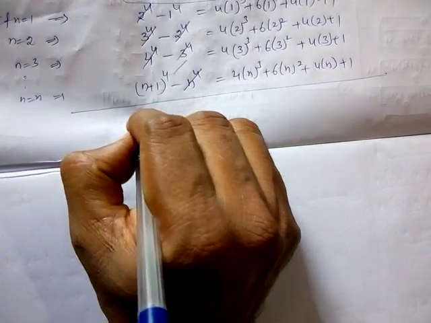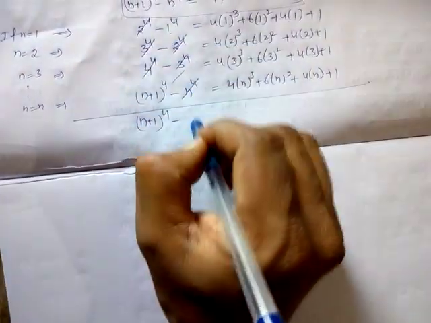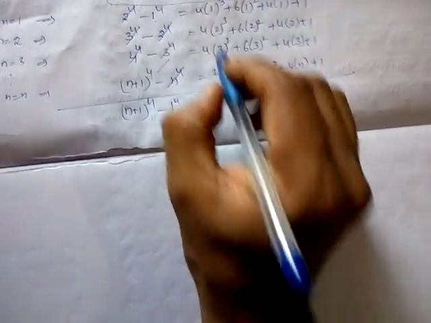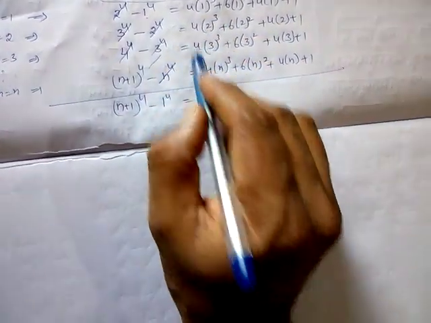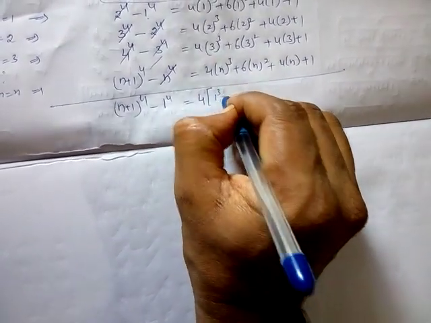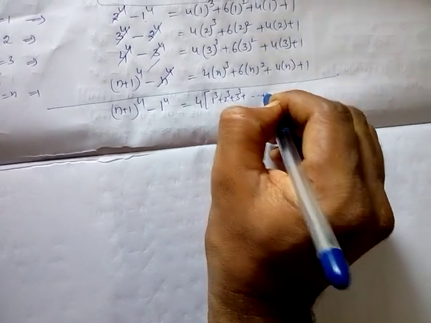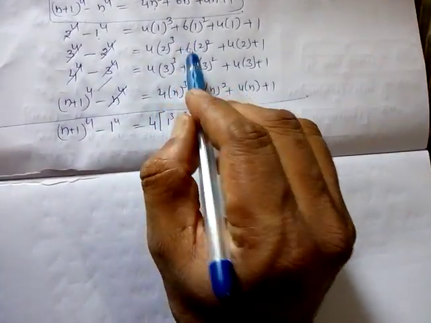So what are the left terms? (n + 1) to the power of 4 minus 1 to the power of 4 is equal to, adding all these terms, which one is common? 4 is common. By taking common 4, 1 cube plus 2 cube plus 3 cube up to n cube. Next one, plus 6 is common.